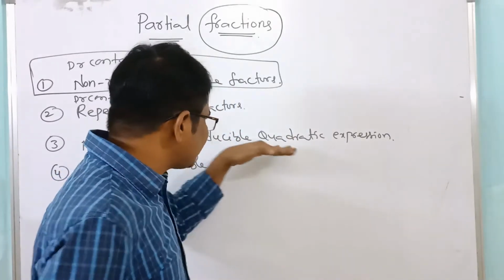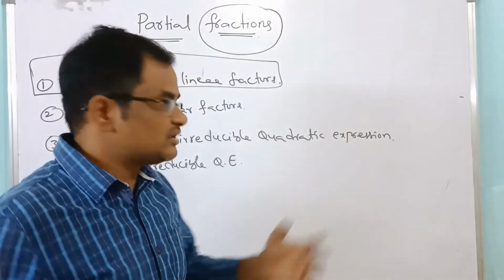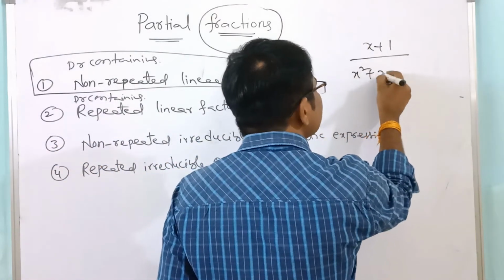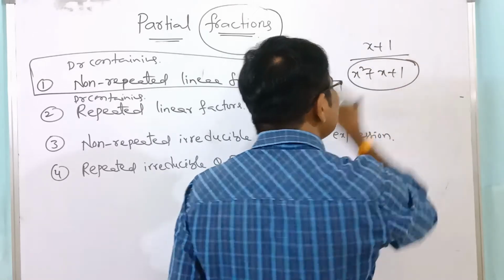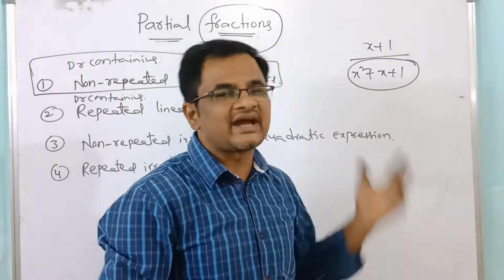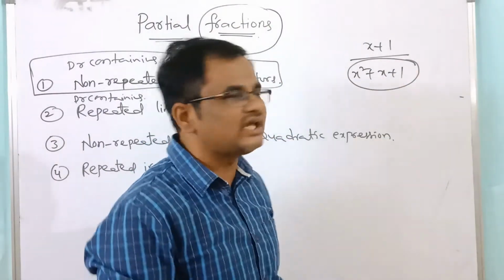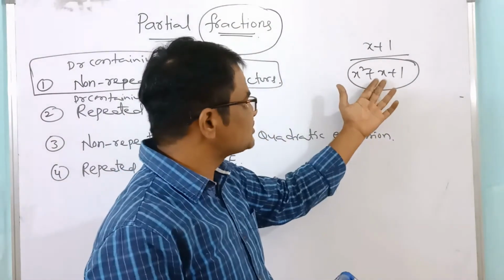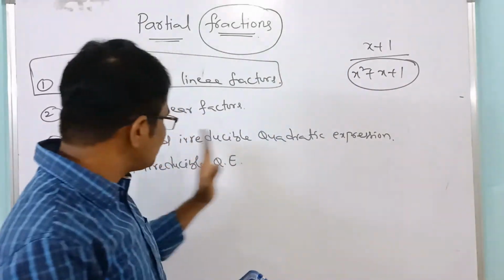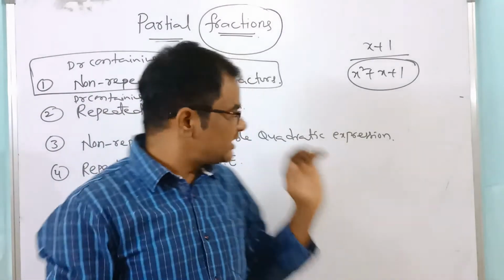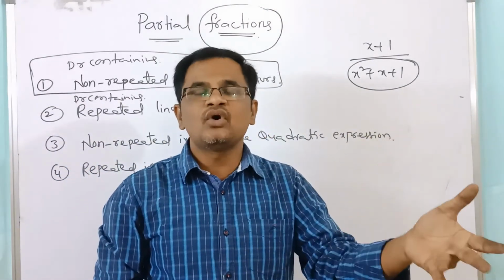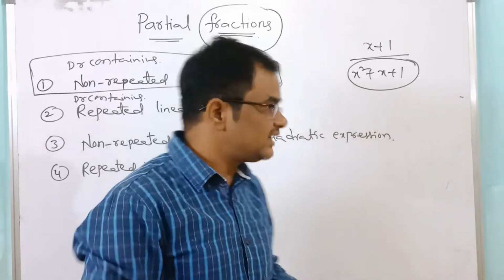That quadratic expression non-factorizable means, for example, x plus 1 by x square plus x plus 1. So this is irreducible quadratic expression because we can't write for this one factors, means product of two linear factors. Can you write? There is no factors for this one. Means this quadratic expression has no factor. Irreducible quadratic expression means a quadratic expression which has no factor, means non-factorizable, right?